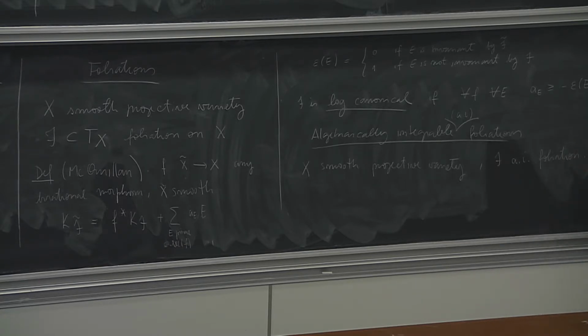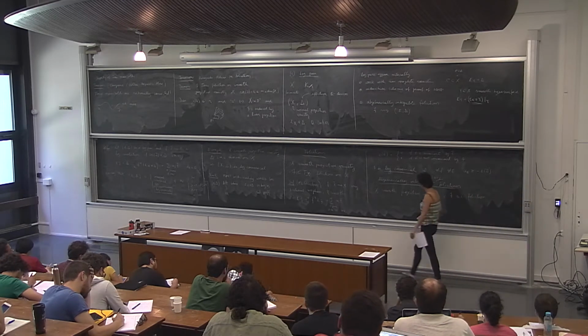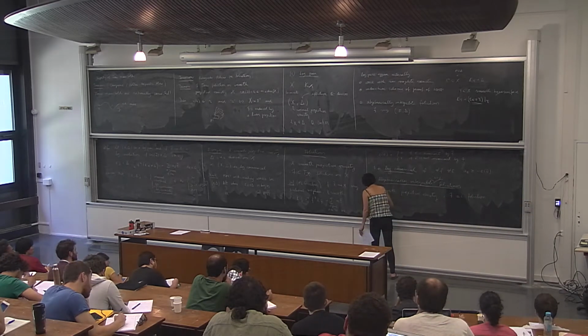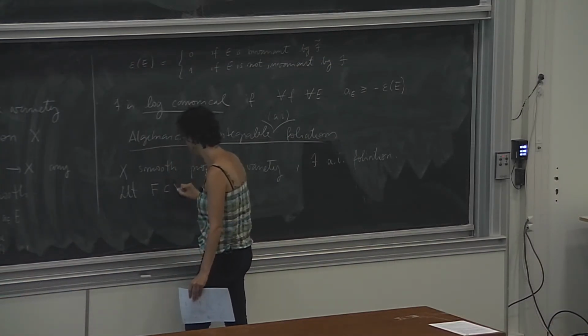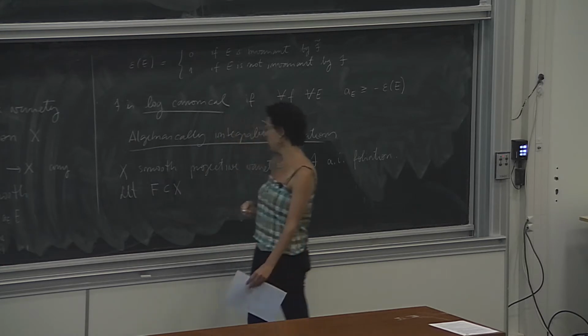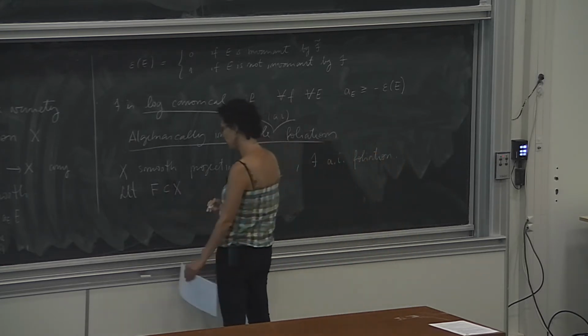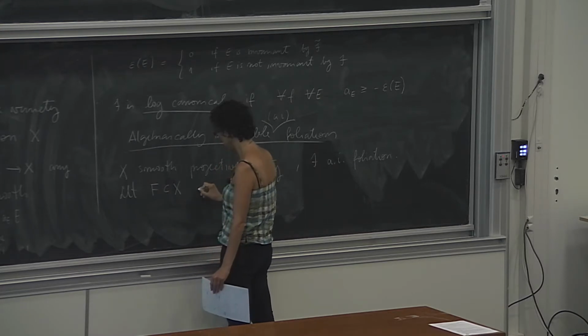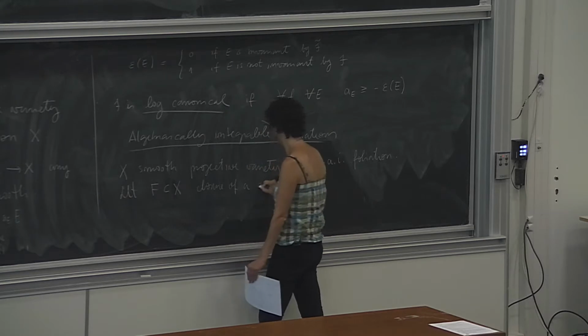That means that the leaves are algebraic. So let me call F the closure of a general leaf. This is an irreducible closed subset of X.